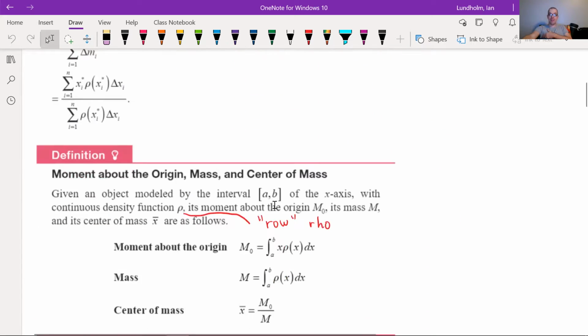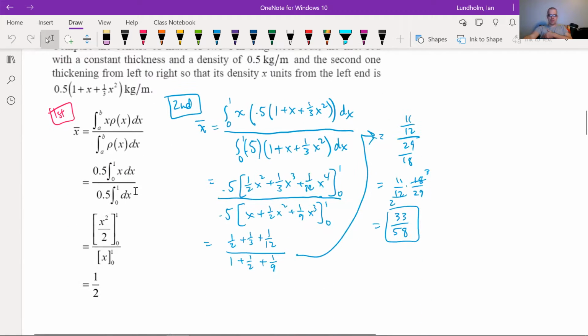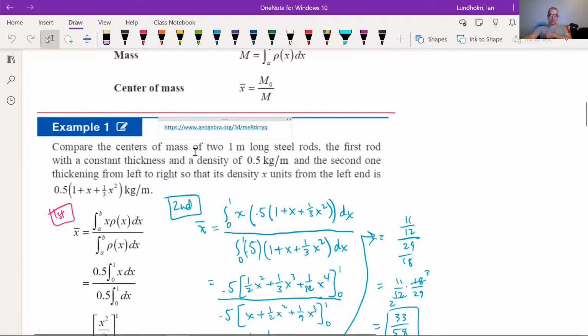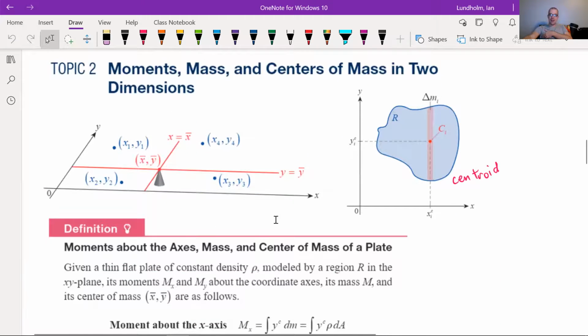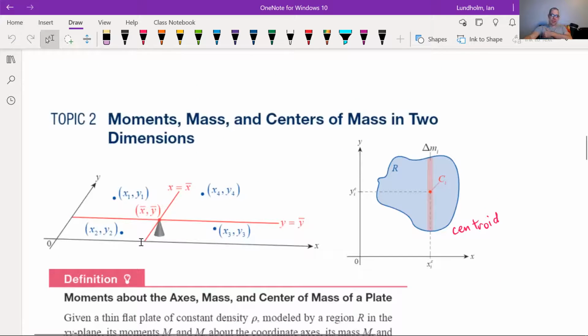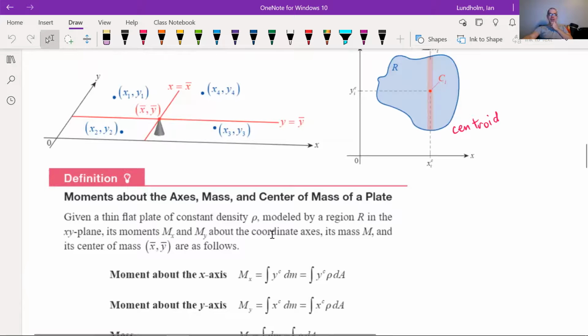Here we could have variable density, like in the case of these two rods. In this case, we can step it up a dimension in terms of the underlying space that we're looking at, a two-dimensional shape rather than just a one-dimensional left or right. But we can't have a variable density.